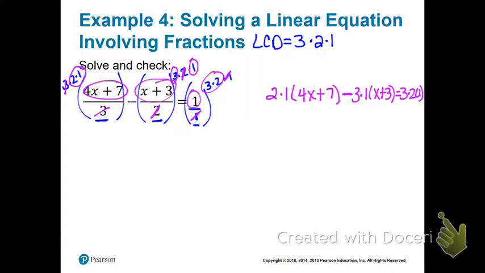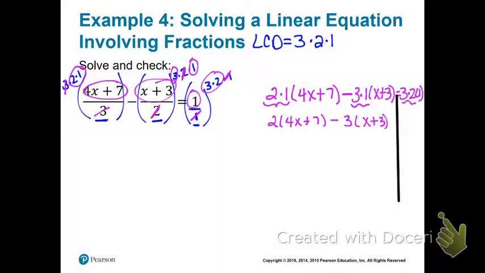All right, now we're ready to simplify each side. I'm going to draw this one crooked on purpose, but it'll be fine. All right, so 2 times 1 is 2 times the 4x plus 7 minus 3 times 1 is 3 times the x plus 3. 3 times 2 is 6 times the 1.